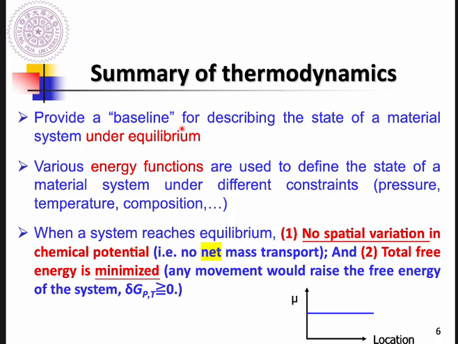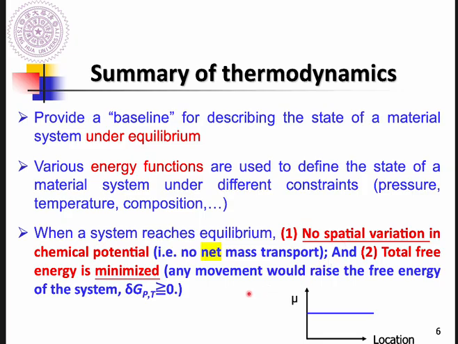thermodynamics. Don't forget, thermodynamics gives you a baseline and an idea of how to describe the state of the material system. And you can describe it by different conditions, different parameters, and also energy functions.